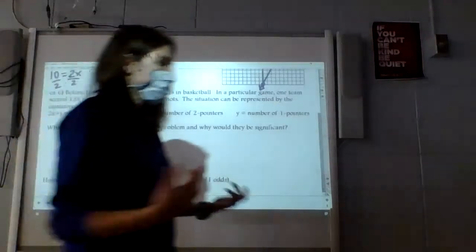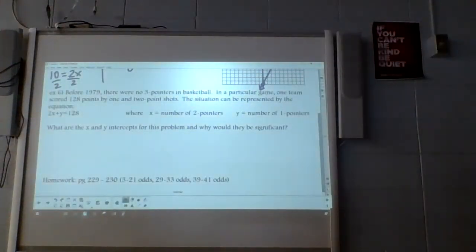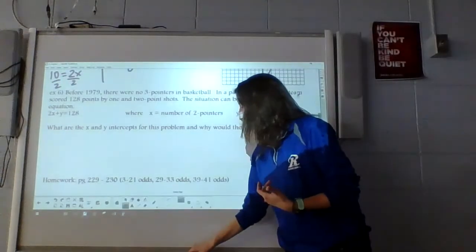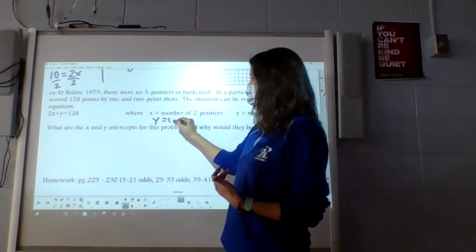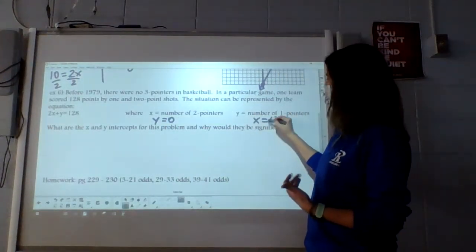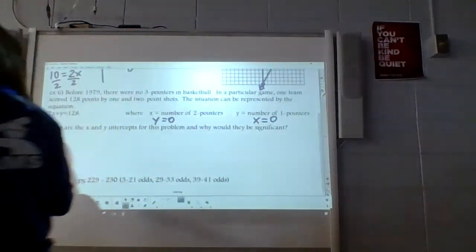So we want to find the X and Y intercepts, and then we're going to talk about why those numbers would be interesting in this scenario. Essentially, to find the Y or X intercept, we're putting in zeros for each of those again.